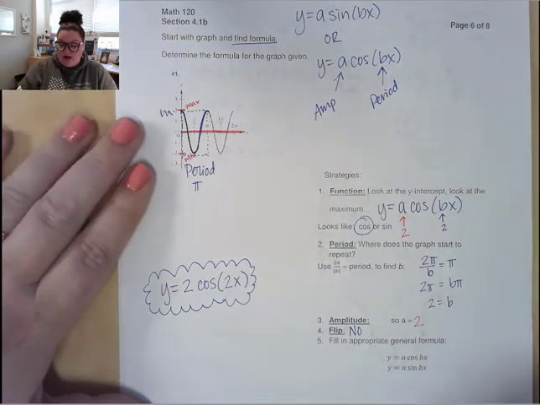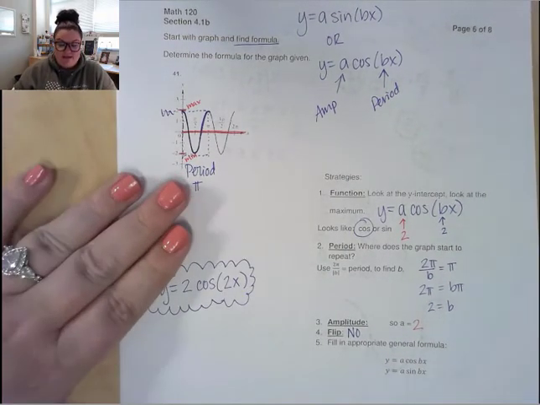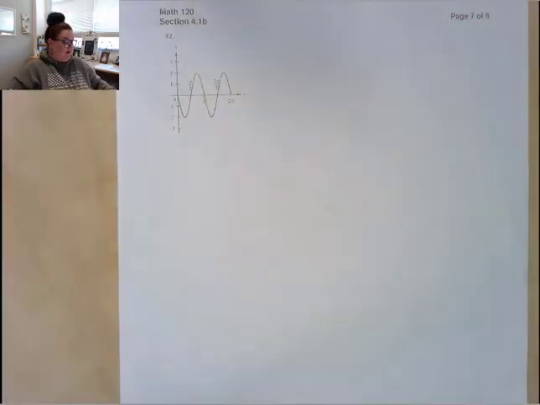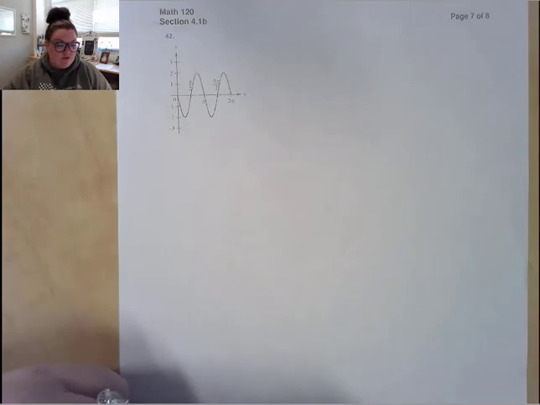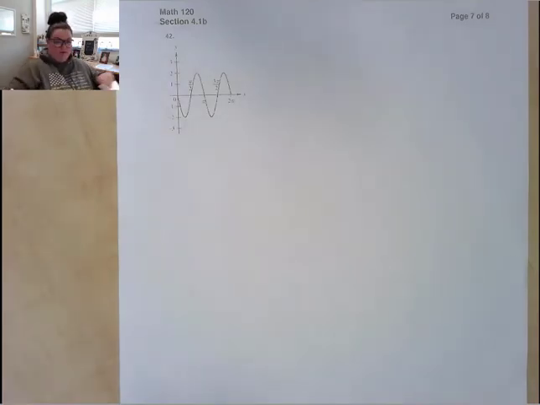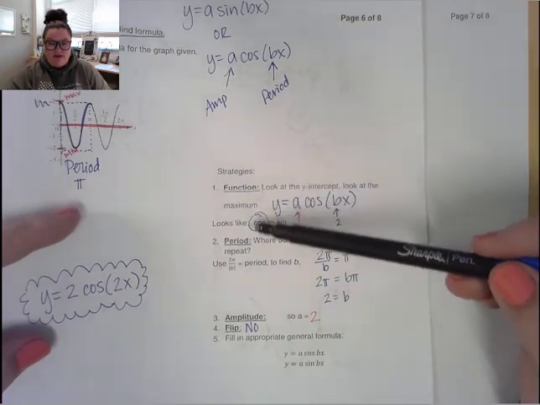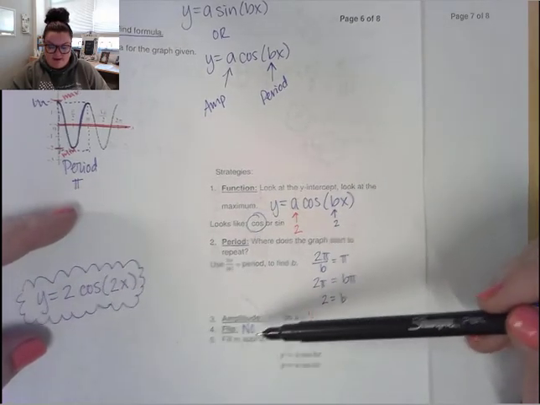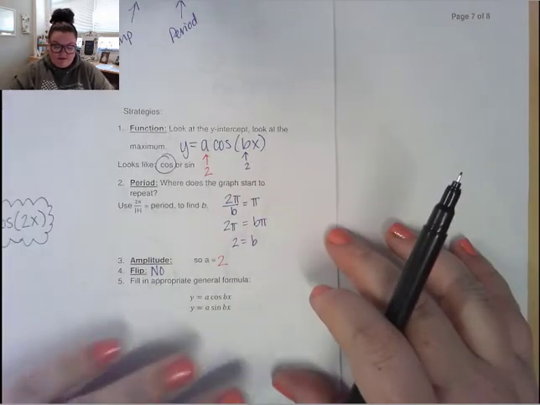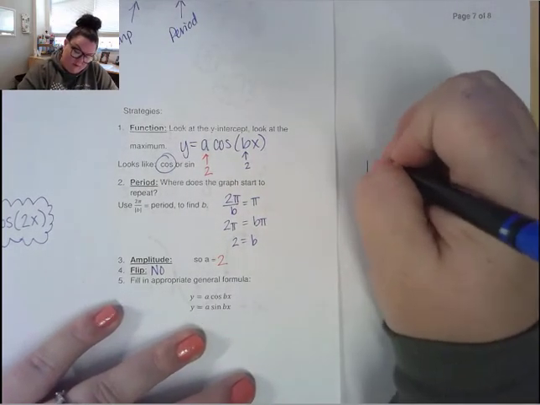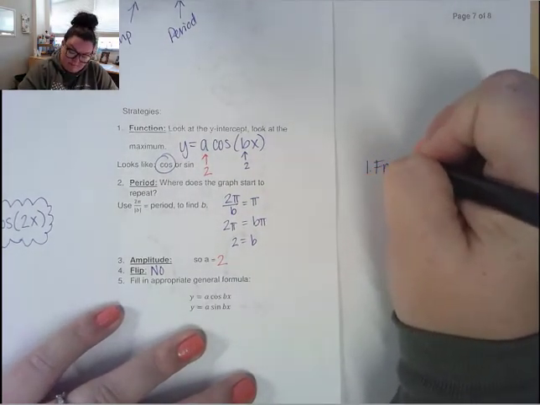Okay? All right, so I want y'all to try one like this. On the next page, there's one very similar. So I want you to go through the same process. If you have to, you can use the same little strategy that we had written for us on the next page. So the first thing, I'll even write it here. So the first thing is we want to determine the function.